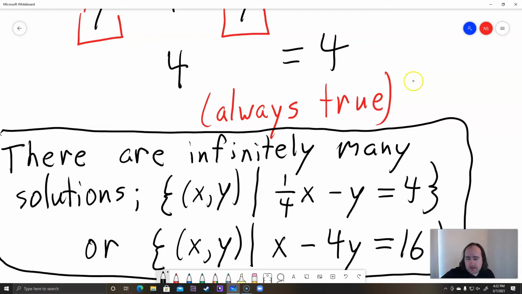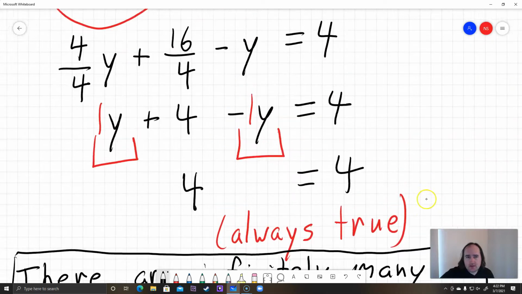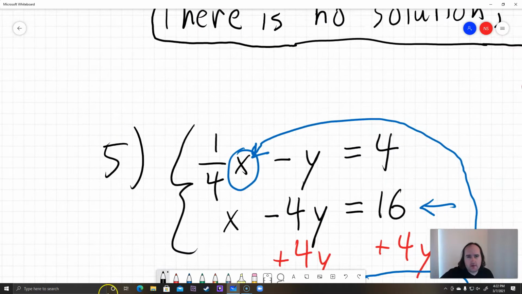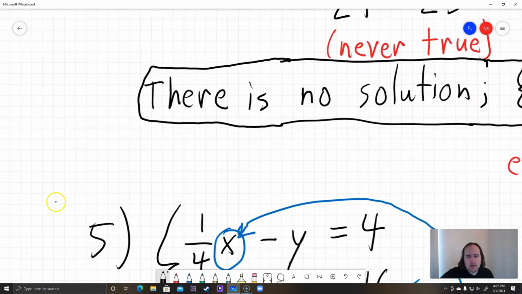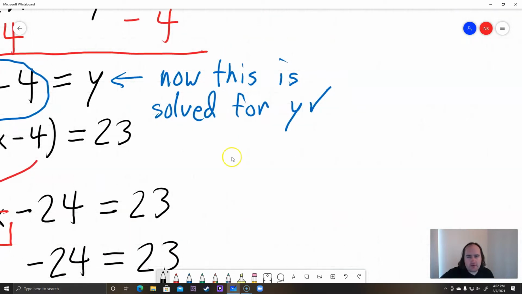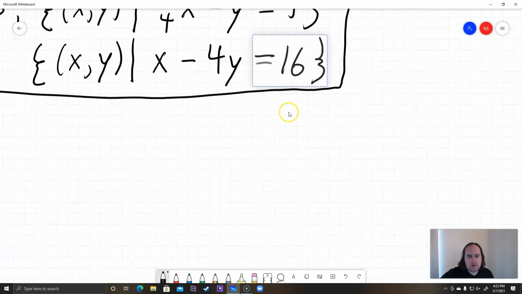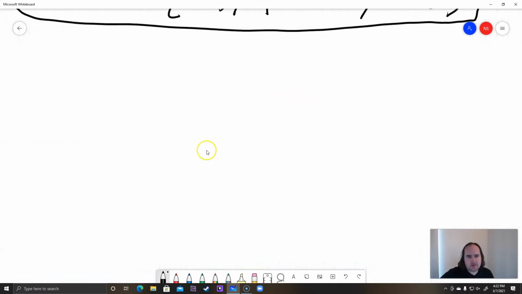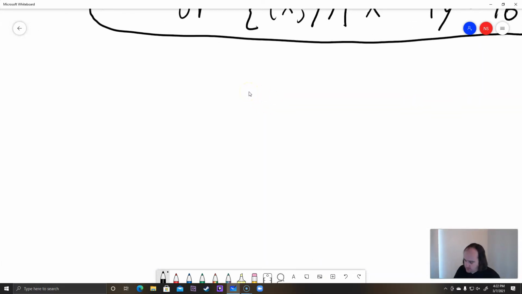Okay, and we aren't going to be doing solving systems by graphing, but I did want to talk about what these three cases look like graphically. So we've done a total of 5 examples, but for the first 3 examples, we had just a single solution, okay? And I wanted to talk about what all these cases mean graphically.